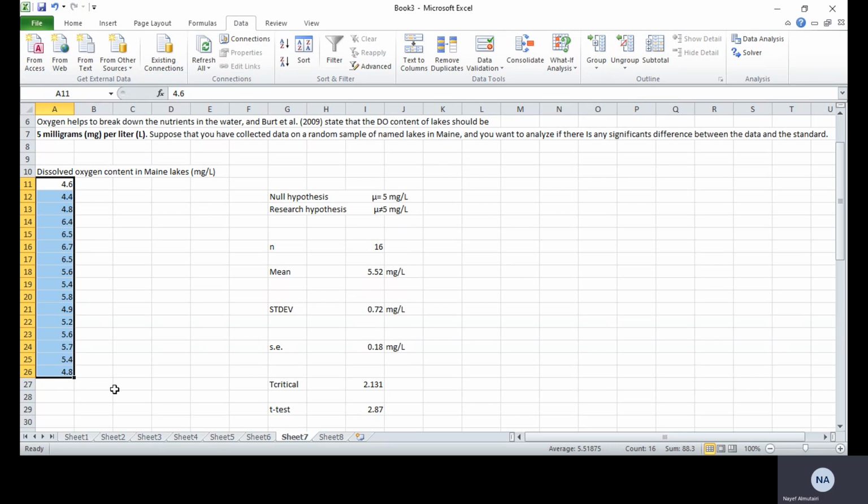Now the problem is, you want to analyze if there is any significant difference between the data and the standard. Are these lakes in the state of Maine within the standard? Are they equal to the standard? Are they less or greater? Now we have to use the t-test.